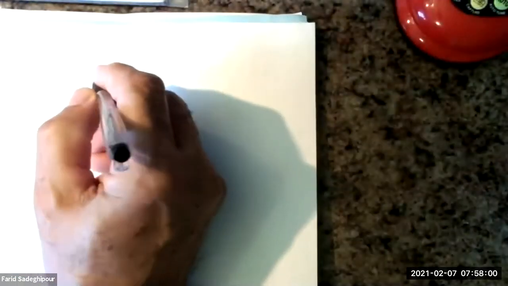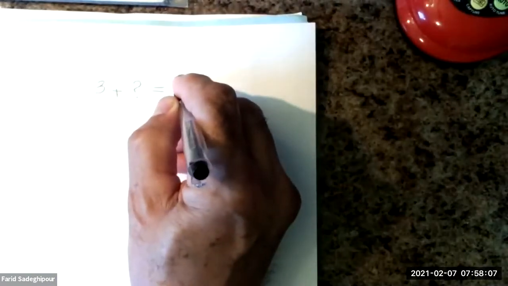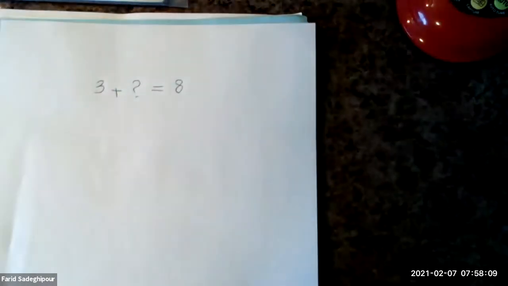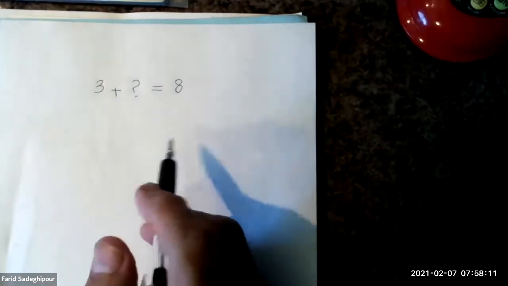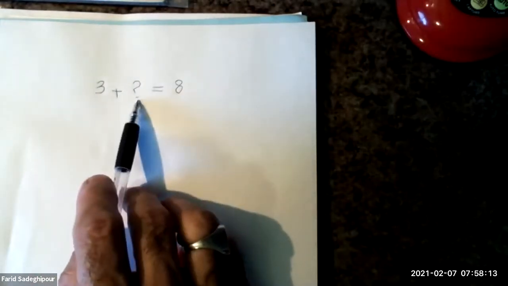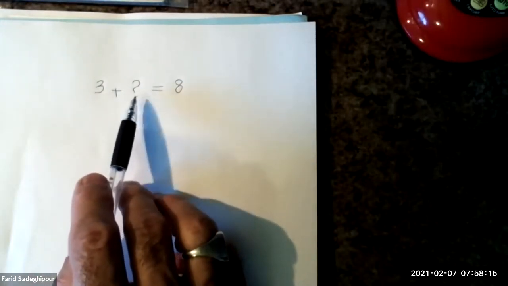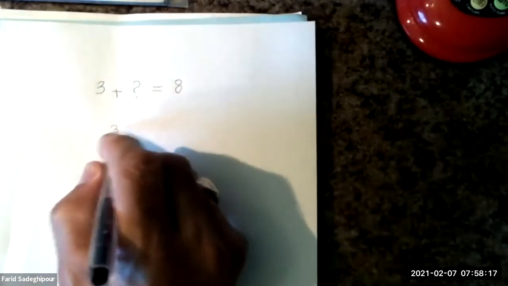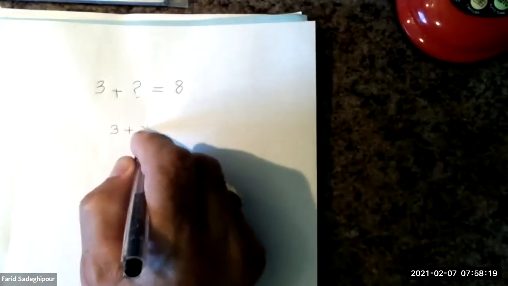Solve the equations. Let's say you have 3 plus what number is 8. We all know the answer is 5. So in mathematics, instead of a question mark, we just put a letter X or any other variable.